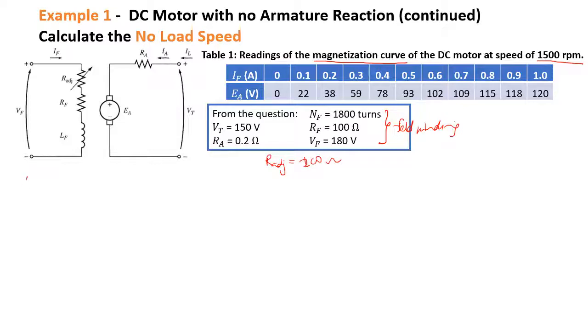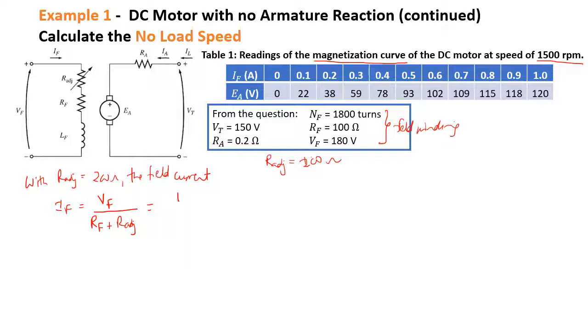With R adjustable set at 200 ohms, the field current can be calculated. So IF is equal to VF divided by the total resistance in the field circuit, RF plus R adjustable.